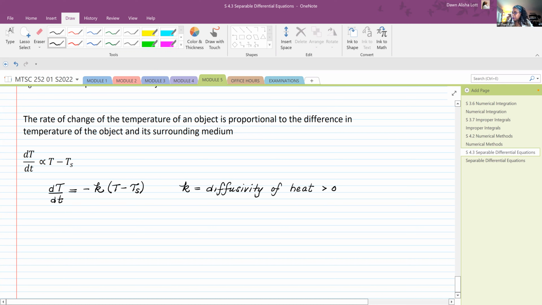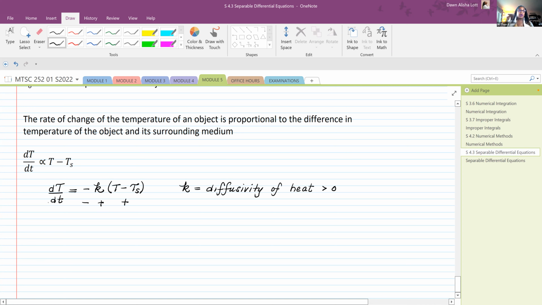All right. So if the temperature is greater than the surrounding medium, so if T is greater than TS, this will be positive. K is positive. This is negative, which means if the temperature of the object is greater than the surrounding medium, the change in temperature of the object decreases.